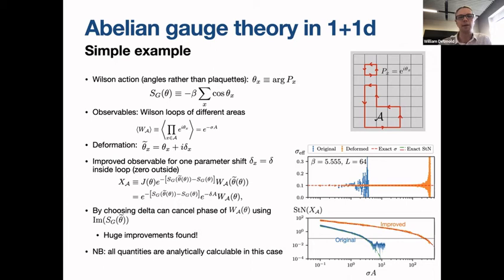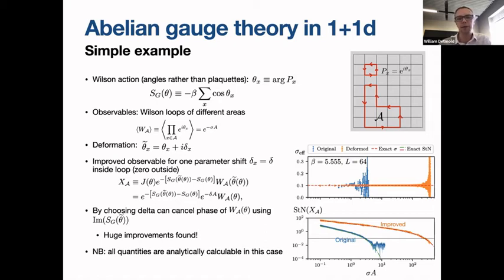So there's two things that happen for this deformed contour. You get the suppression by e to the minus delta A, and you get a cancellation of the phase between the original observable and the modification piece.